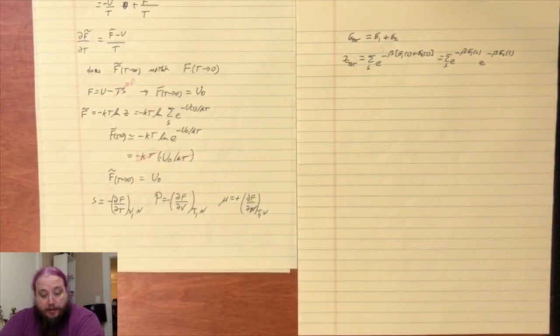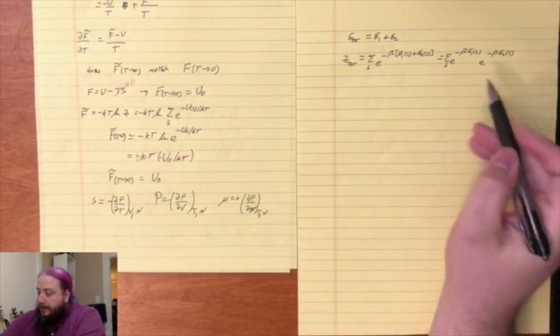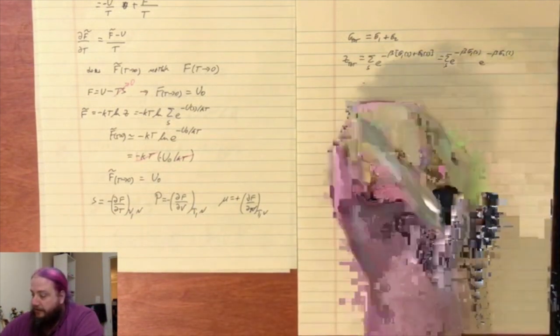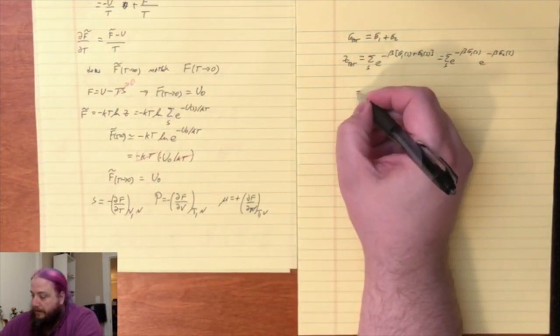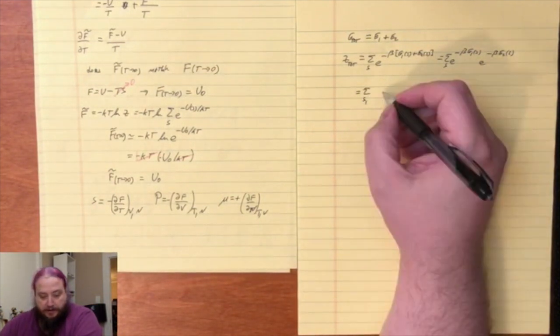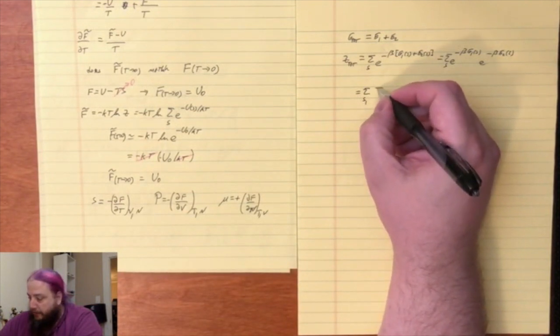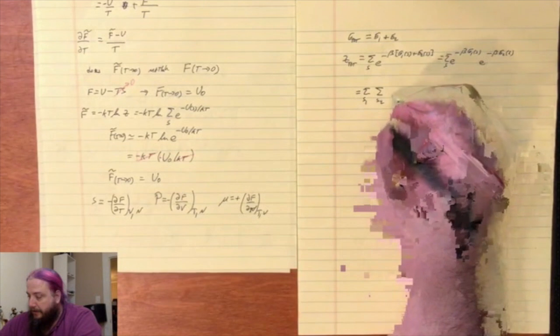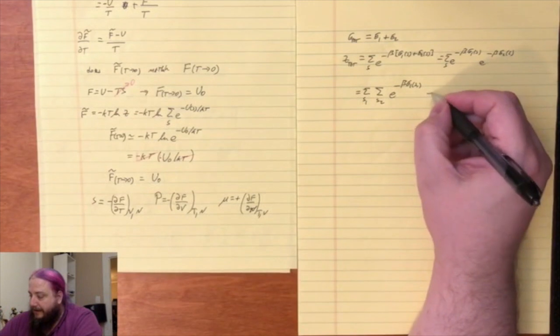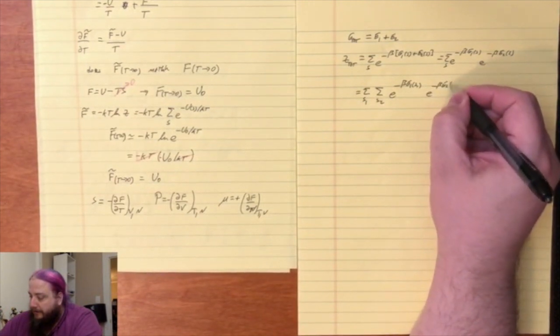Now, if our particles are distinguishable from one another, so the two particles are different kinds of particles, then we can actually break up these states into individual states for each particle, and this single sum becomes a double sum. So it becomes the sum over all the states of particle 1 times the sum over all the states of particle 2 of e to the minus beta E1 of S1 and e to the minus beta E2 of S2.